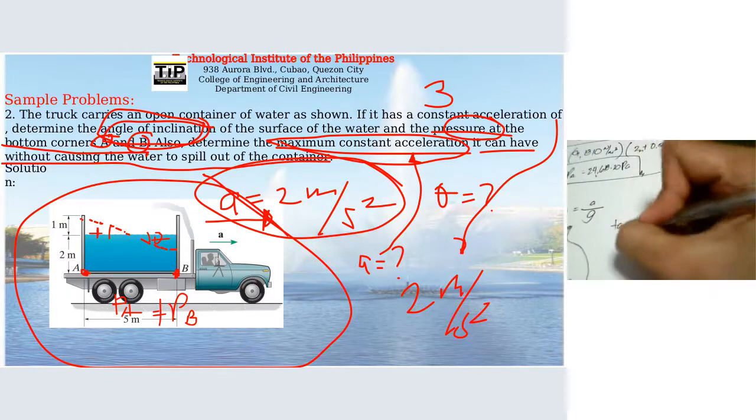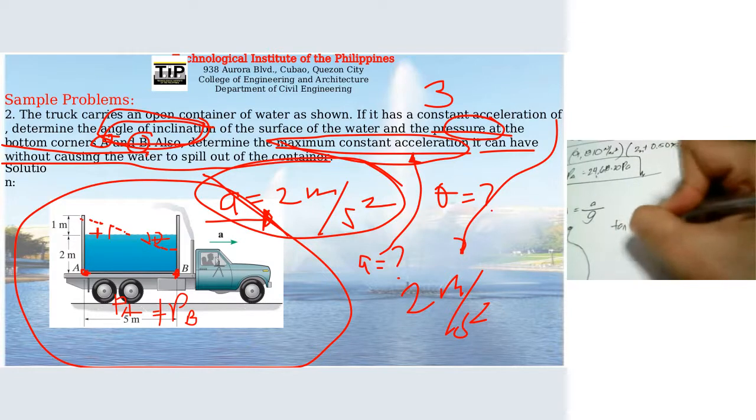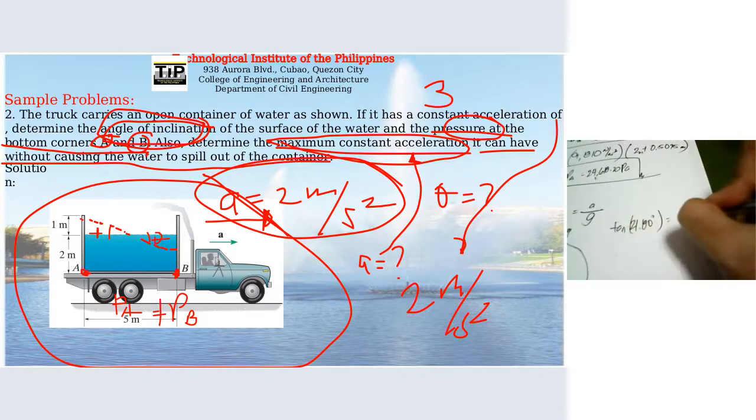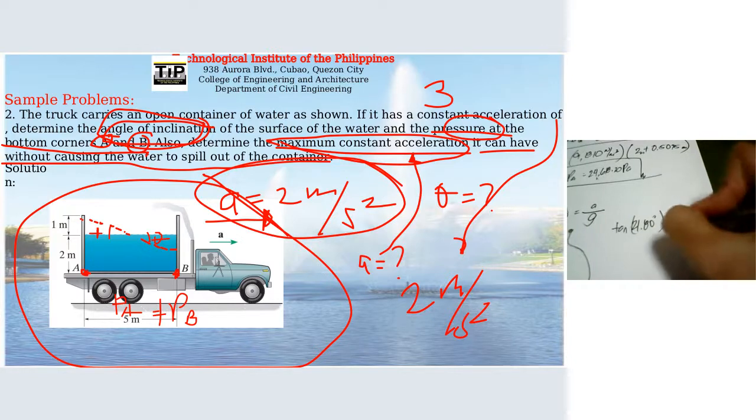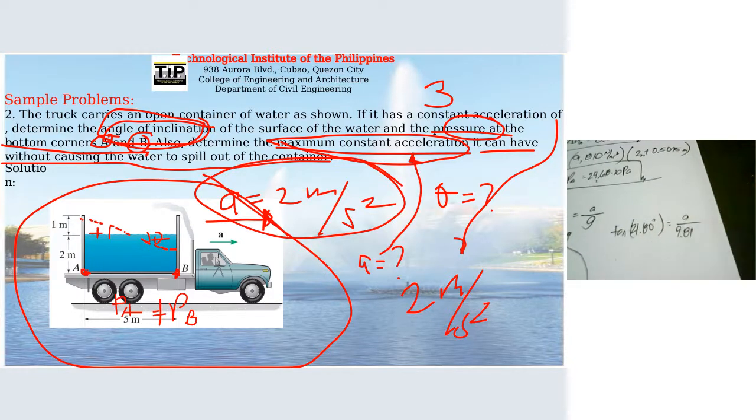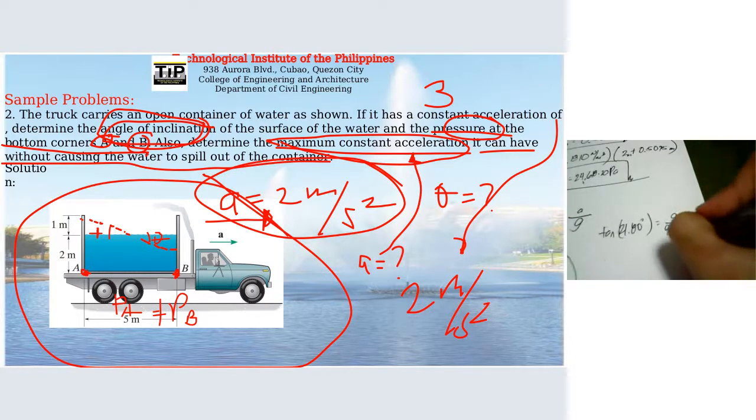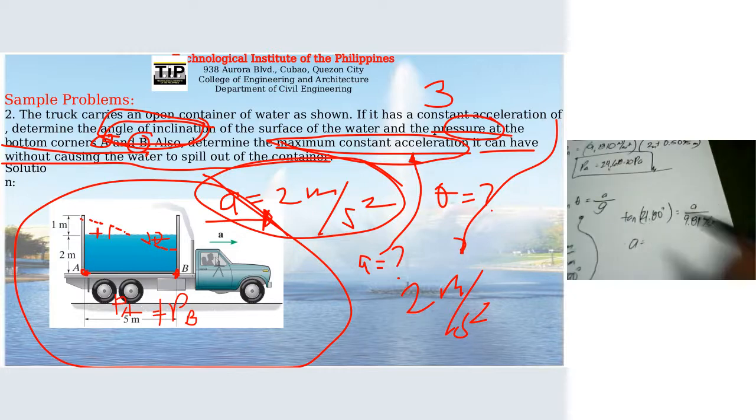Okay? So, this is tangent 21.8 degrees equals A over 9.81 meter per second squared. Cross multiplying 9.81 to this side, what is the acceleration?